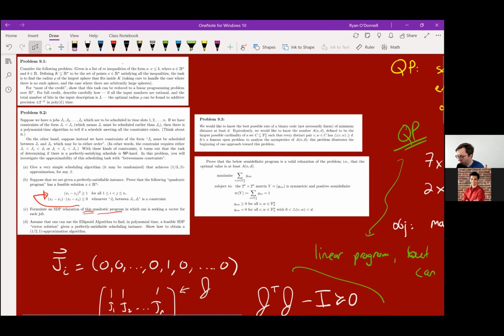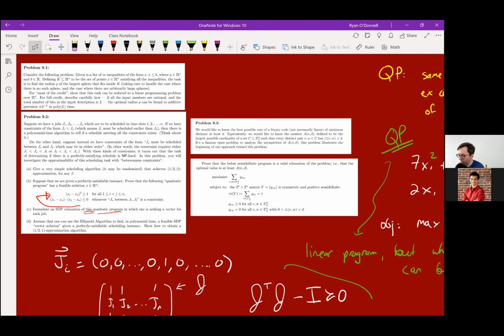That follows with what I was thinking. My intuition was that you could expand this in terms of xi minus xj, the whole squared, which gives you some quadratic thing, and xr minus xs times xt minus xs will also give you some quadratic constraint.